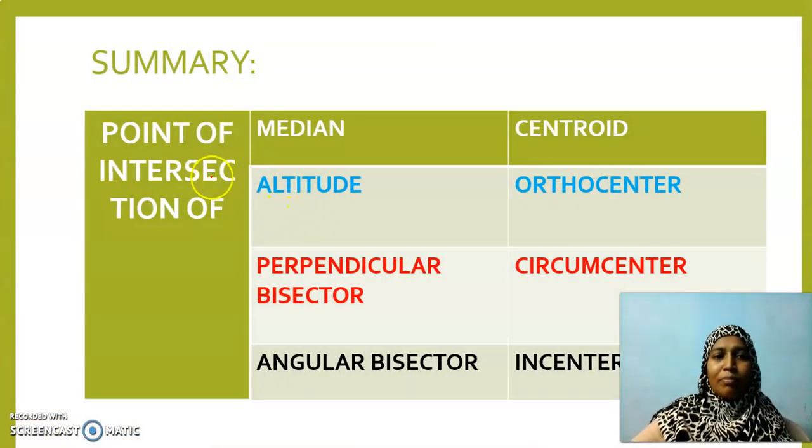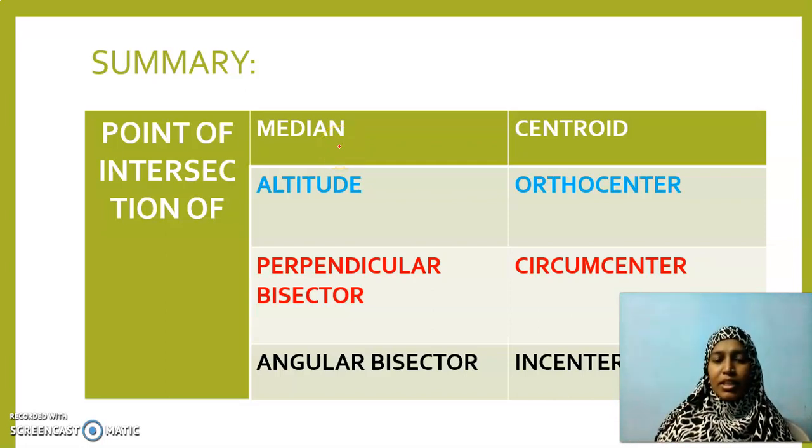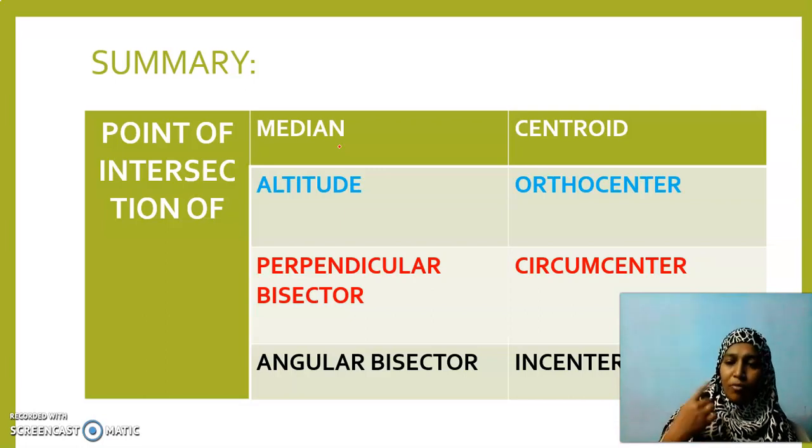In this chapter, we started with the triangles. In triangles, we will draw 3 medians and all these 3 medians will meet at a point called centroid. Then we used to draw 3 altitudes. Altitudes are nothing but heights, or otherwise I can call them the perpendicular line drawn from the vertex to its opposite side.